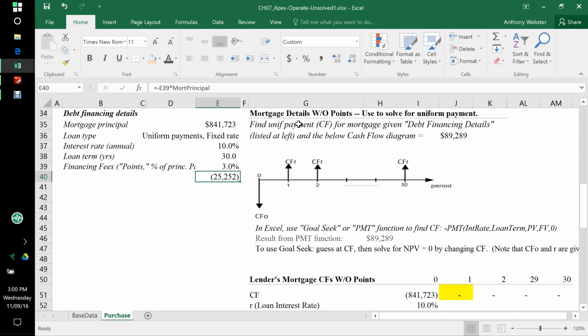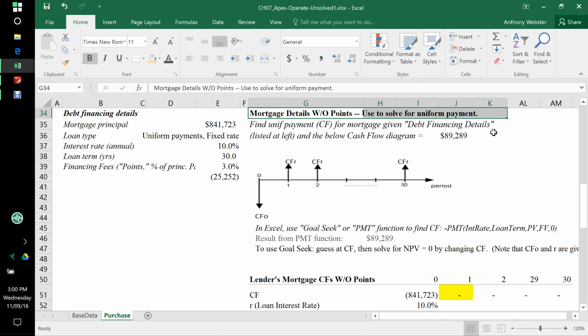Okay, and then what you want to do, this is where in the real world, if you were working for the lender, or if you were working for the operator and checking the mortgage lender's information that's been provided to you, the first thing you want to do is solve for the uniform payment, right?